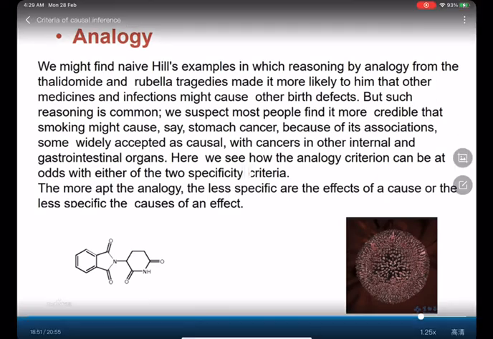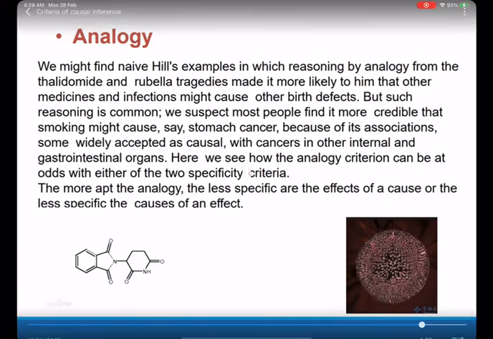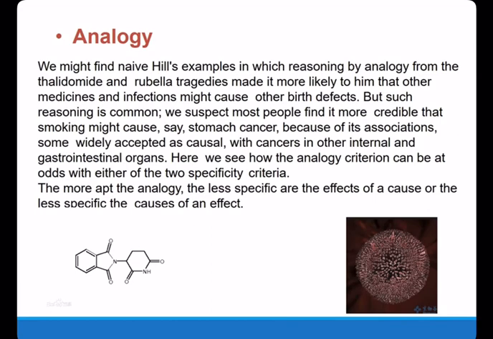Here is an example in which reasoning by analogy from the thalidomide and rubella tragedies made it more likely that other medicines and infections might cause other birth defects. Such reasoning is common.